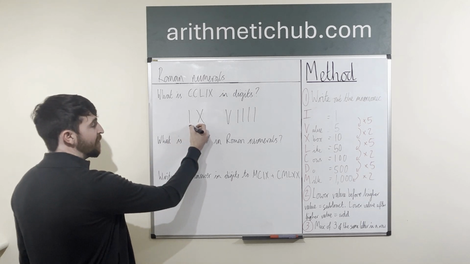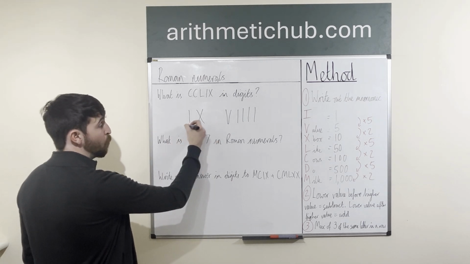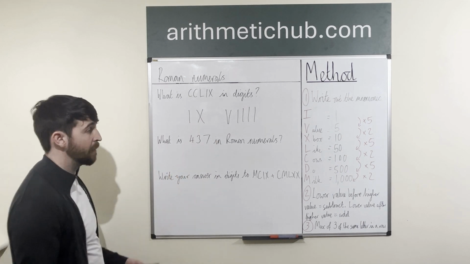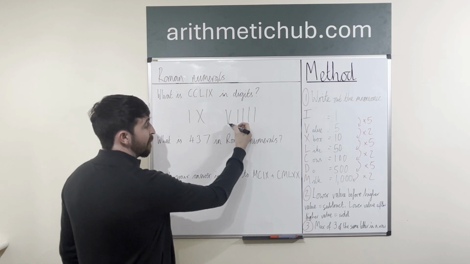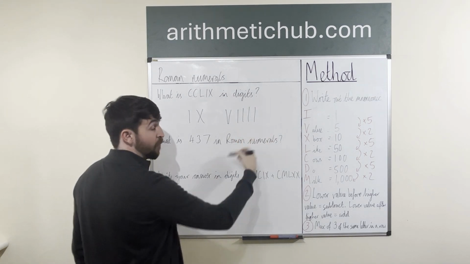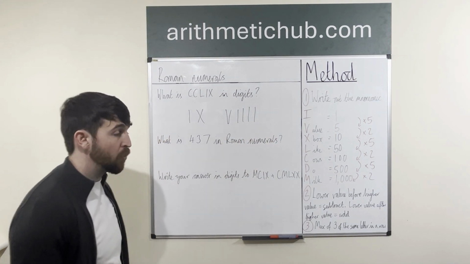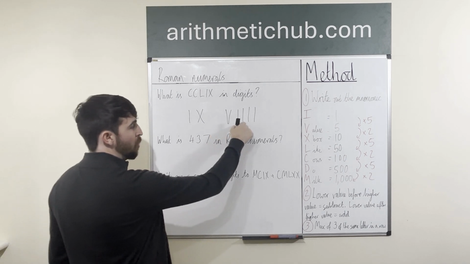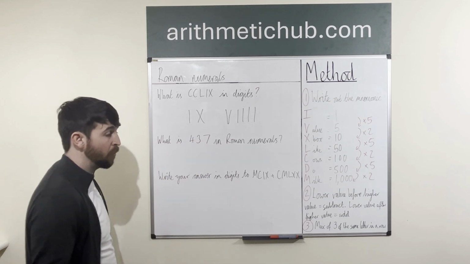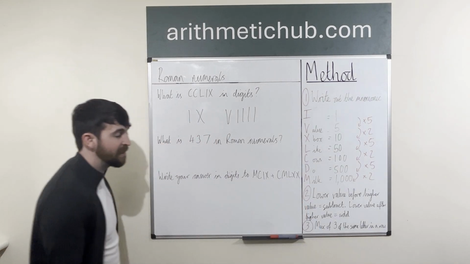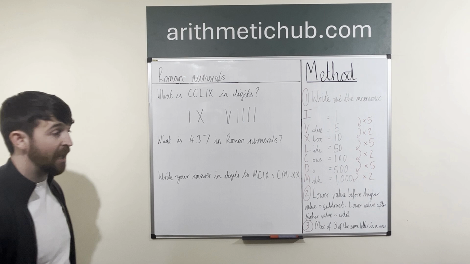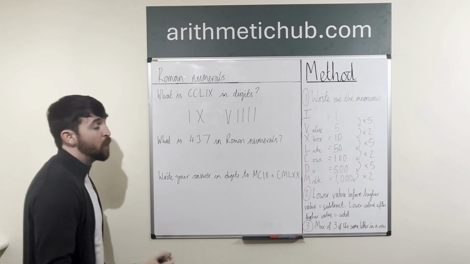So this is 1 before 10. 1 before 10 would be 9. This is 5. 1, 2, 3, 4 after 5 would also be 9. But there's 1, 2, 3, 4 of these in a row. This part of the method says there's a maximum of 3 of the same letters that you can have in a row. So we can't have that.